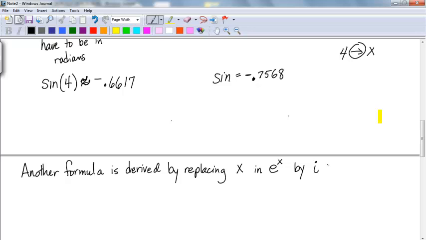Everybody look up here for a minute. Alpha looks like this. It's another Greek letter, alpha.